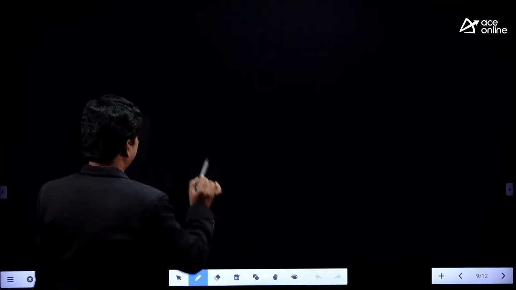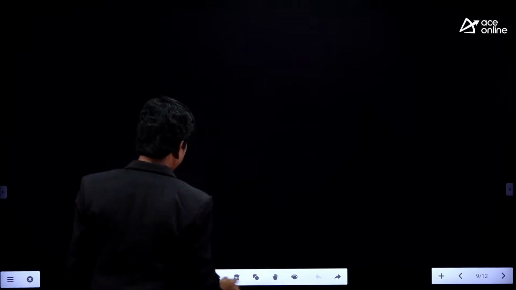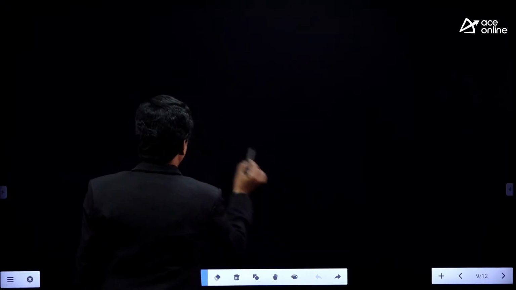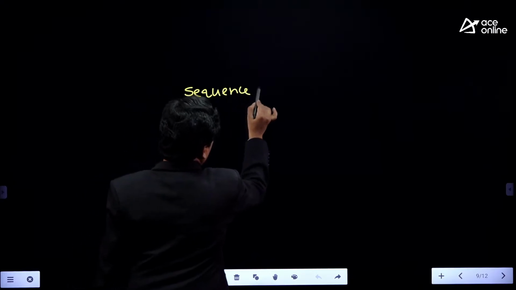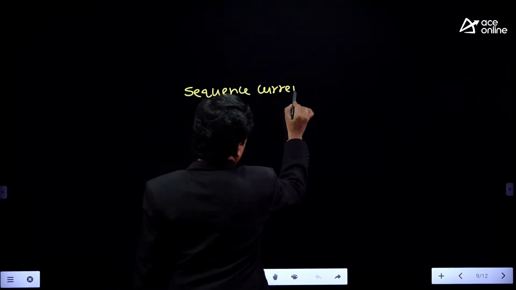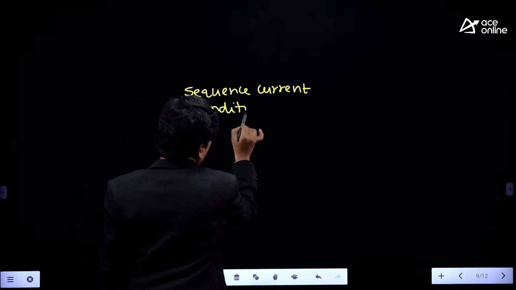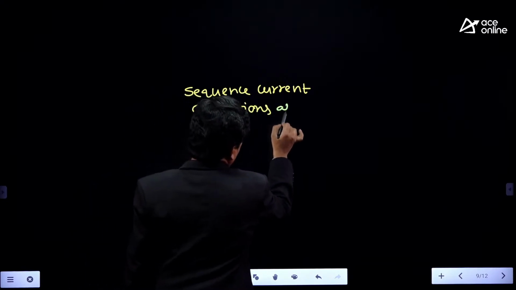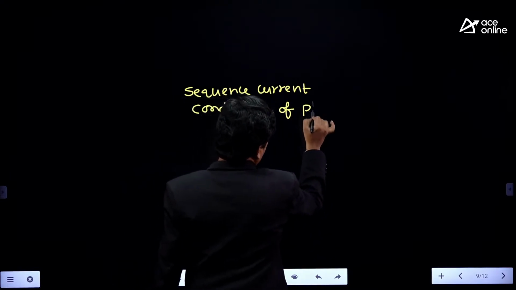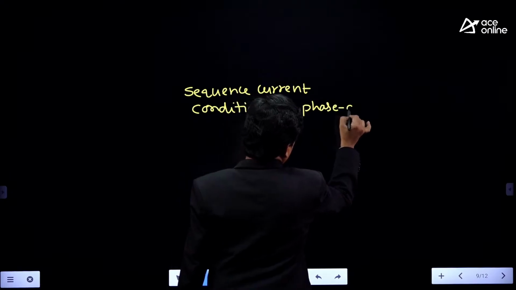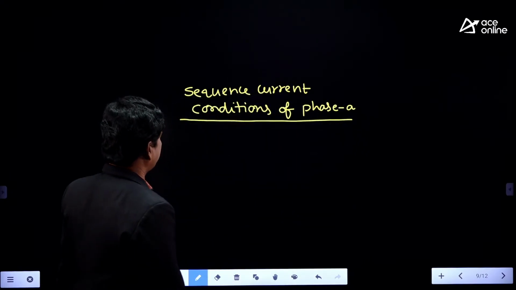Sequence current conditions of phase A. What are the sequence current conditions of phase A?